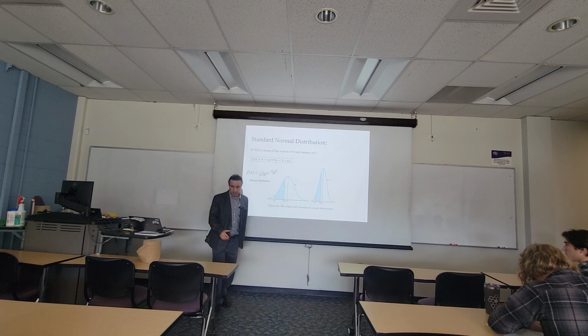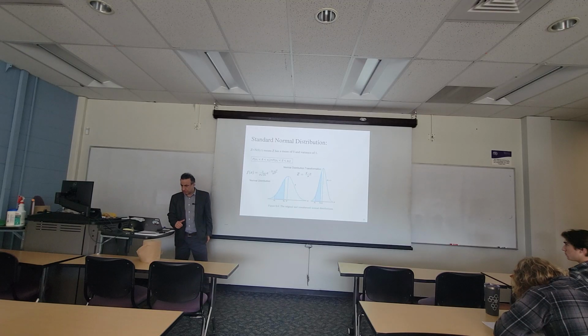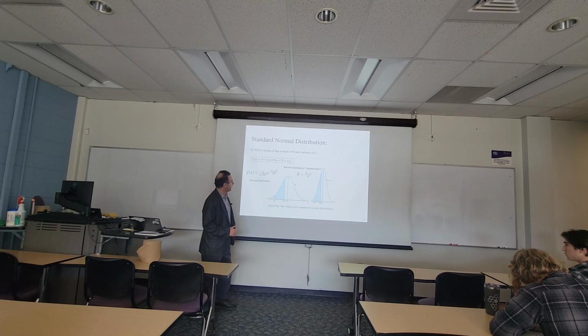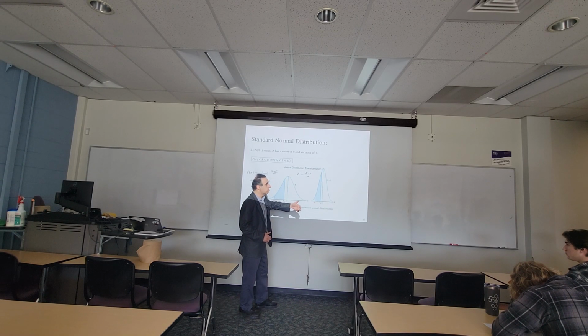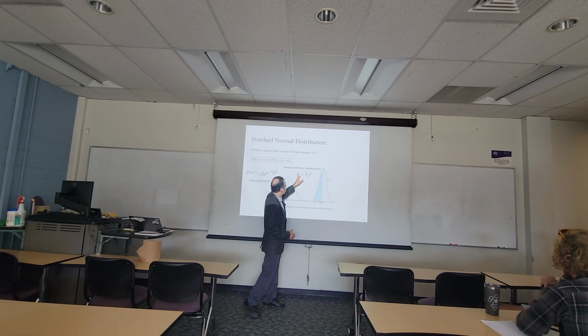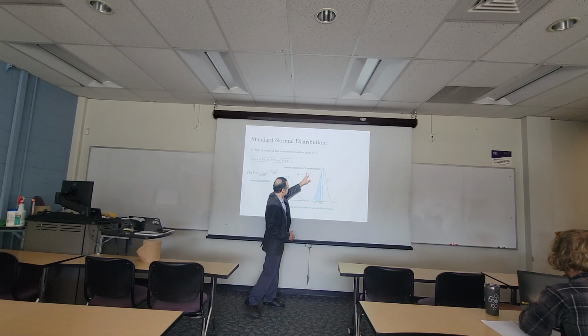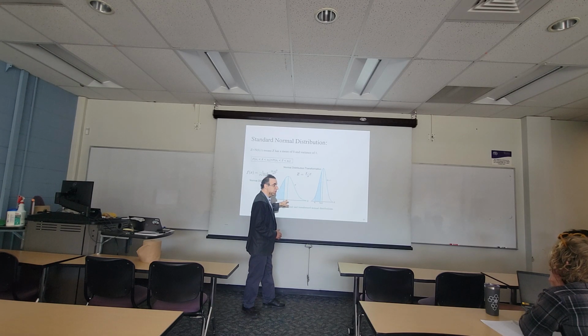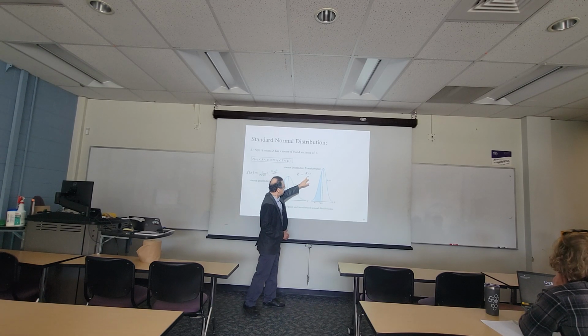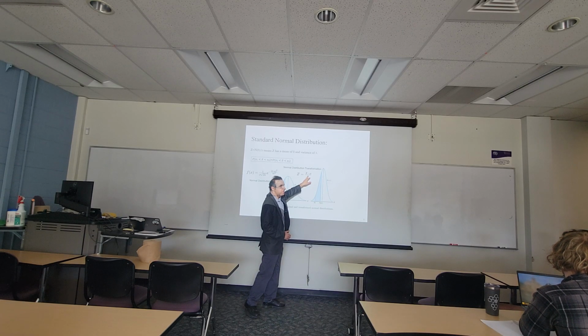Then we use this transformation. Here we have x, and we change it to a new term called z, which is a function of x: z equals x minus mu, the average, divided by sigma, the standard deviation.